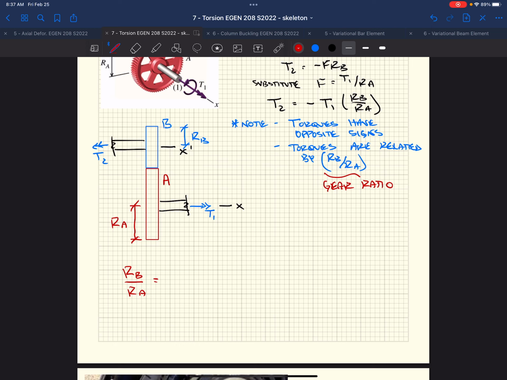So that could be the same as saying the diameter of B over the diameter of A, or like I was getting at, number of teeth in B over the number of teeth at A. And this all is our gear ratio.